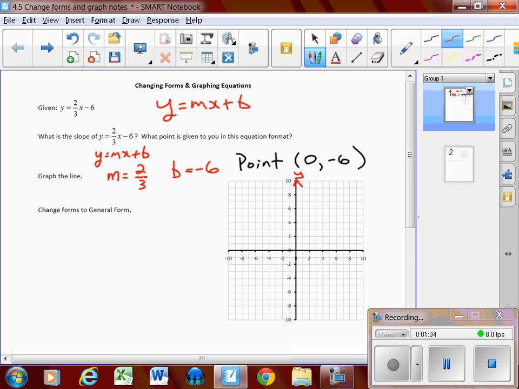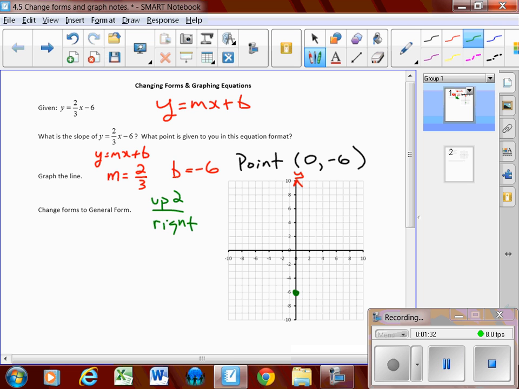So whenever you have an equation in the form y equals mx plus b, we are able to find the slope and a point on that graph. And because of that, we can graph very quickly and very easily. We're going to plot our point at (0, -6). That's our starting point. And we're going to use a slope of 2/3, which means we're going to go up 2 and right 3.